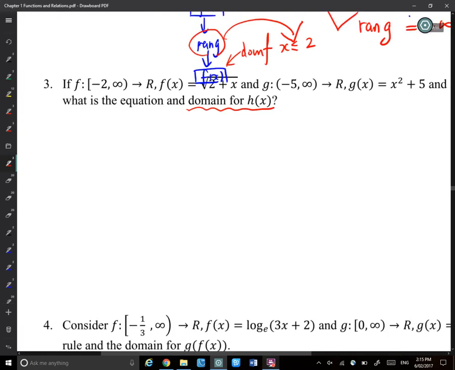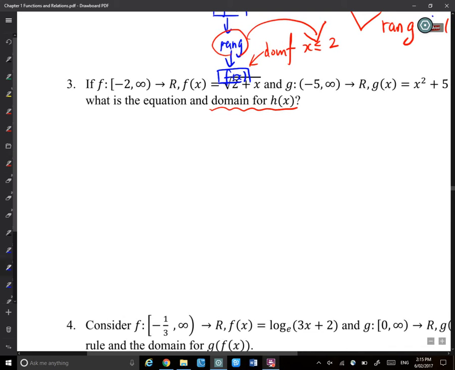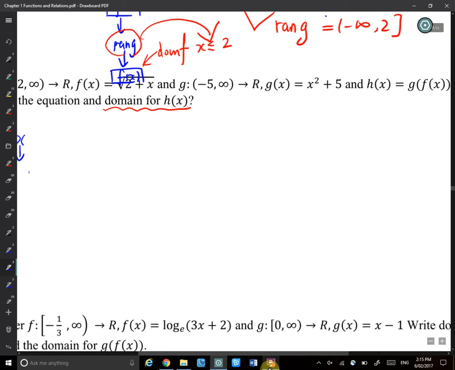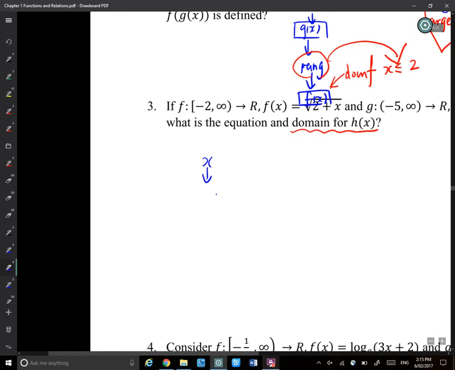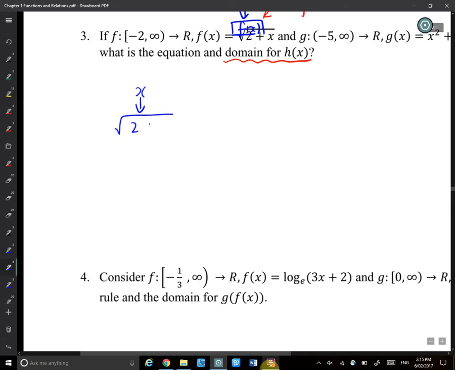I put f in g, right? So I put some x into f. What is f(x)? f(x) is the square root of 2 plus x.